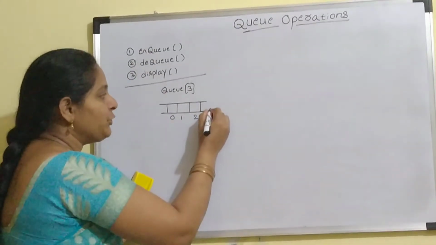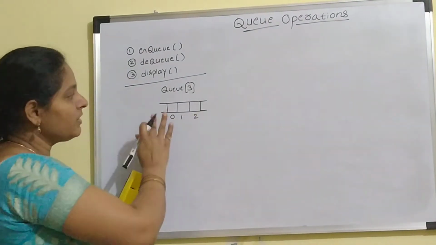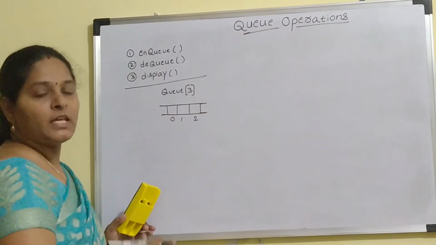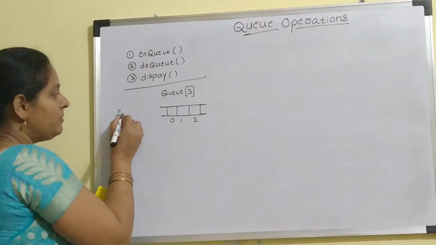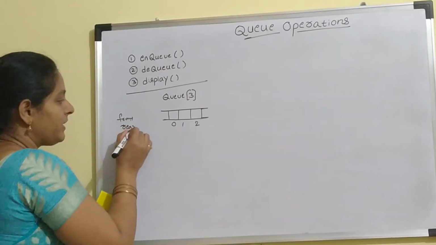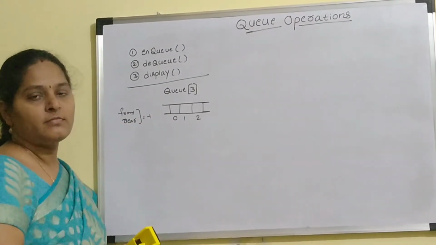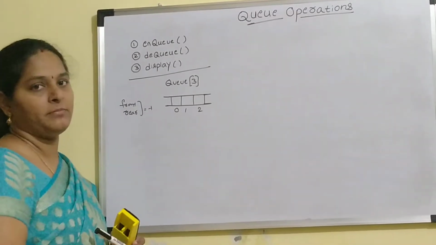As usual, the queue contains two ends, the rear end as well as the front end. Now in this example, initially the queue is empty. If the queue is empty, that empty condition is represented as front and rear both equal to -1. Front and rear equal to -1 means the queue is empty.